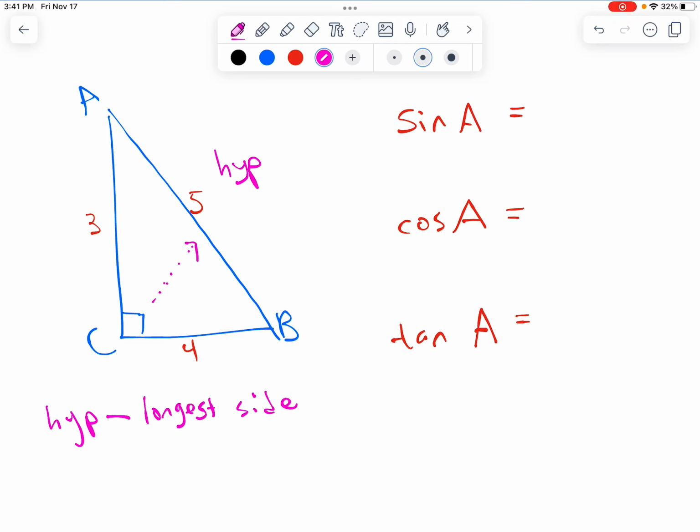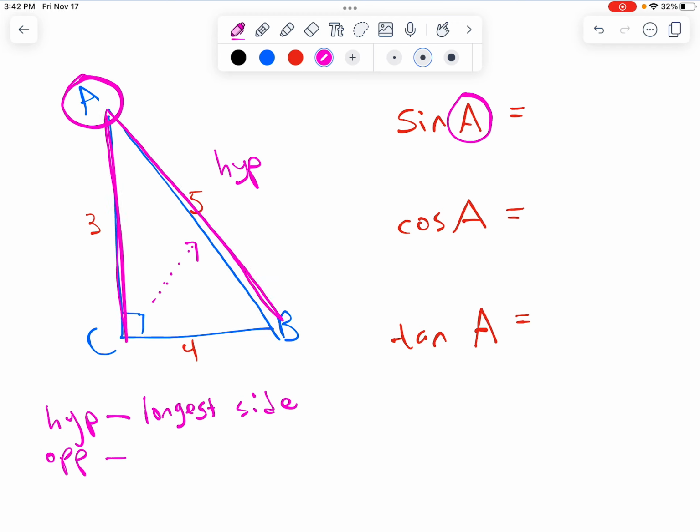The next side we label is called the opposite side. Now the opposite side is the side opposite the angle we are talking about. Here we're talking about the angle A, so I'm looking at A, and now from the perspective of A, think of this as one arm reaching down and another arm reaching down, and those two arms are reaching across to embrace the opposite side here, so that 4 is the opposite side.